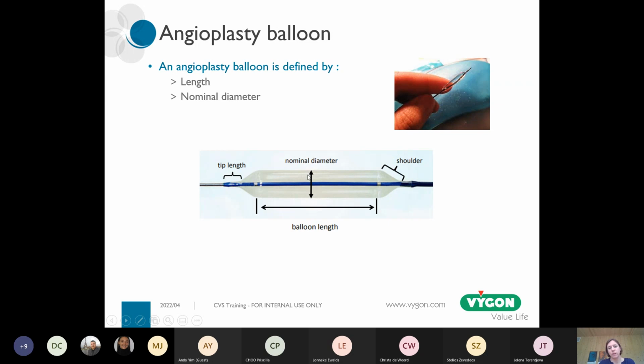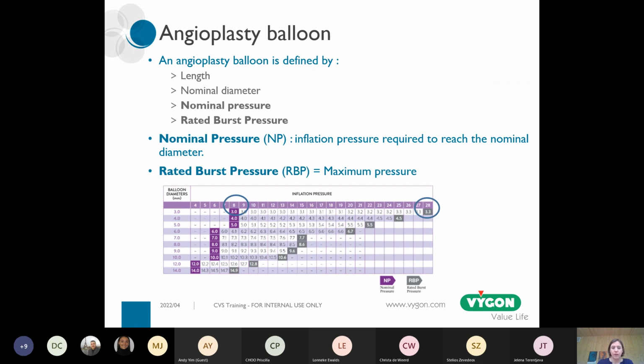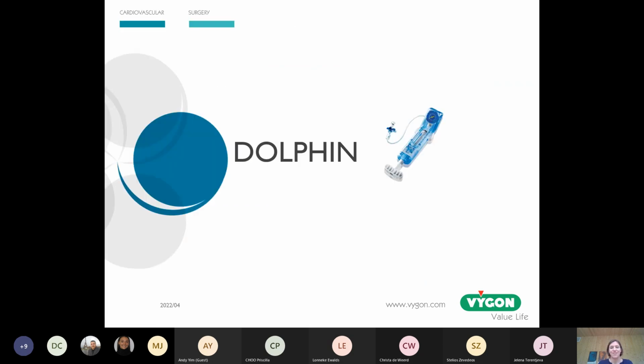You also have the nominal diameter, and the nominal pressure is the pressure to reach the nominal diameter. You have the rated burst pressure, which is the maximum pressure for this balloon. Now you have all the information to follow this presentation.